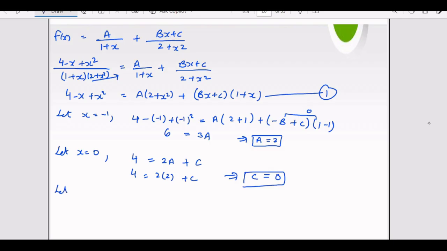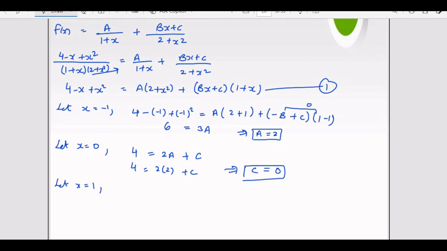Now let's take x equals 1. You will learn with practice how to get these values of x. So 4 minus 1 plus 1 squared is also 1, 2 into 2 plus 1 squared plus b times 1 plus 0 into 1 plus 1.